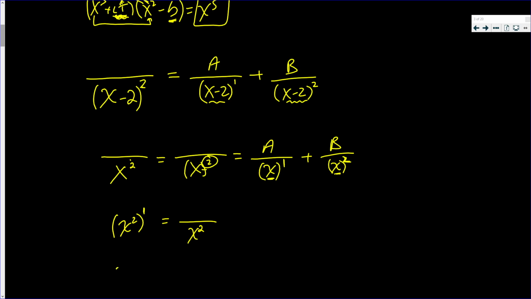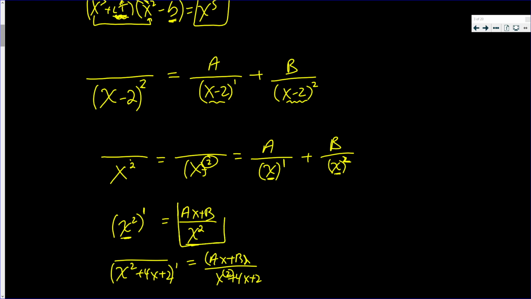In other words, for example, if you had x squared plus 4x plus 2 in the bottom, what you would write on top, since this is quadratic, would be linear, ax plus b, because this is to the first power. Don't forget that denominator.